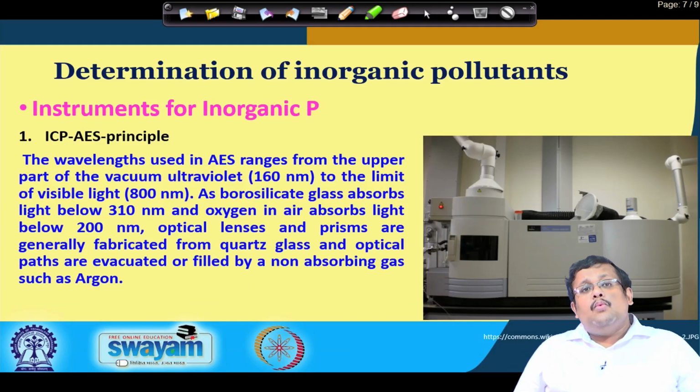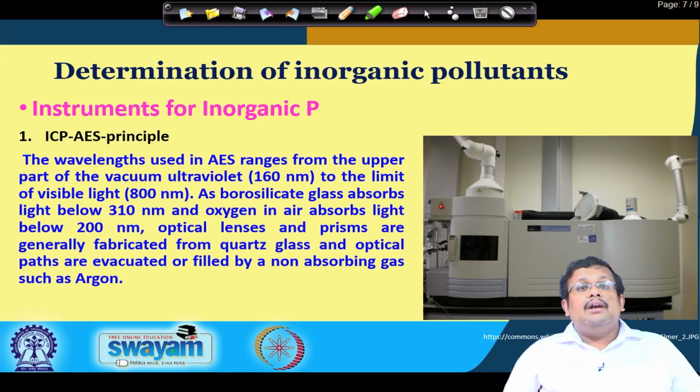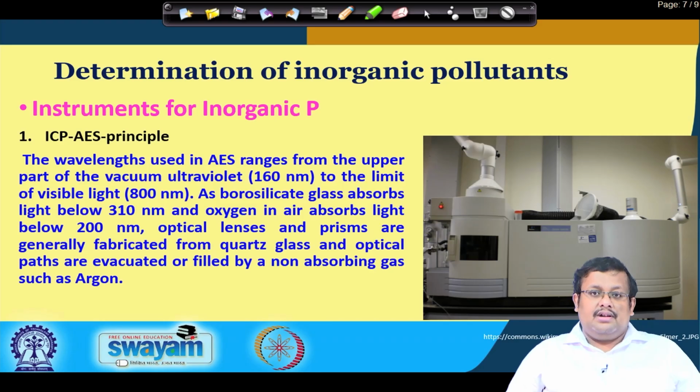Now, the wavelengths used in atomic emission spectrometry, or ICP-AES, range from the upper part of the vacuum ultraviolet, that is 160 nanometer, to the limit of visible light, which is around 800 nanometer in the total electromagnetic spectrum.